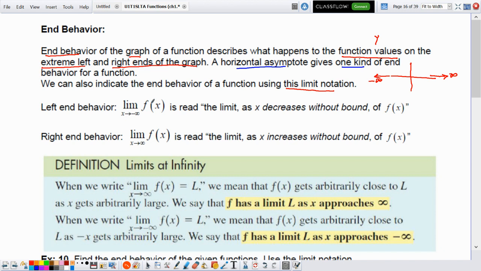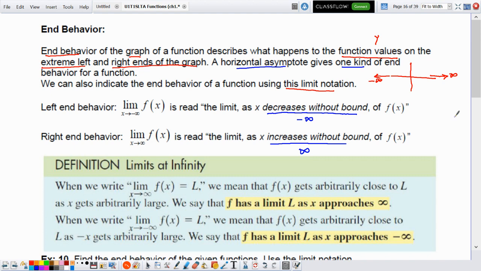Let's talk about how we write the limit as x approaches negative infinity. Instead of infinity, this says decreases without bound. Decreases without bound means going towards negative infinity. Increases without bound means going towards positive infinity.